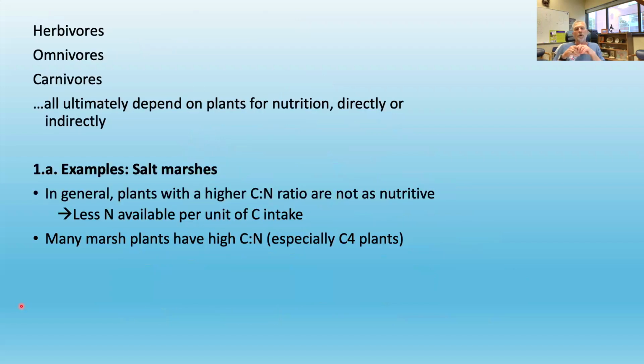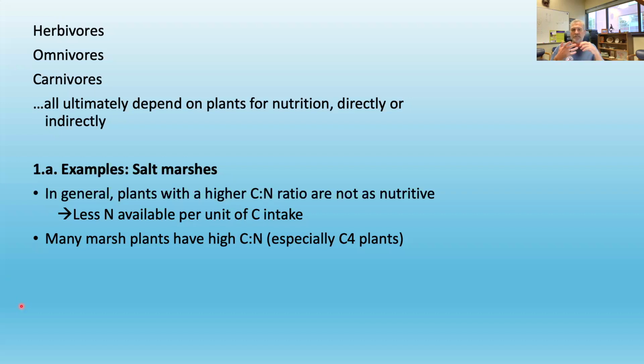All right. So one thing to understand is that ultimately all of these interactions depend on plants for nutrition, either directly or indirectly, right? Because plants are the ones that are converting the sunlight into biomass. And so that process then creates different types of biomass in terms of the carbon nitrogen ratio.